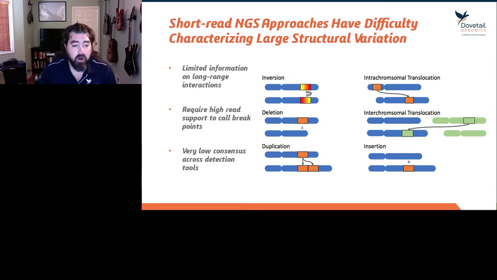They often require high read support to be able to correctly call breakpoints. And there's very low consensus across different tools to call these structural variation events. And here we're just showing you the different types of large structural variation that can be contained in genomes and that people are interested in characterizing.